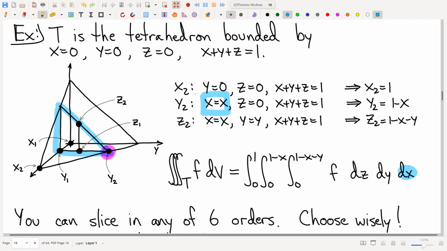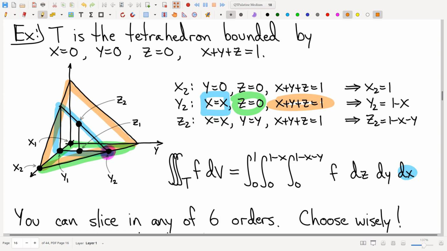What else do I know about this point? Well, the picture tells all. I can see right there that it's on that face, which means z equals 0, and it is on that face, which means that.